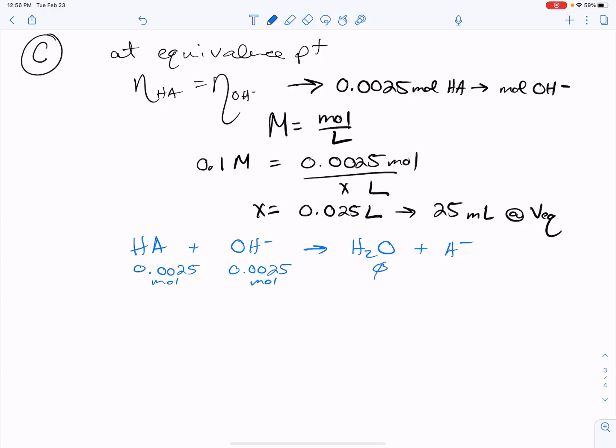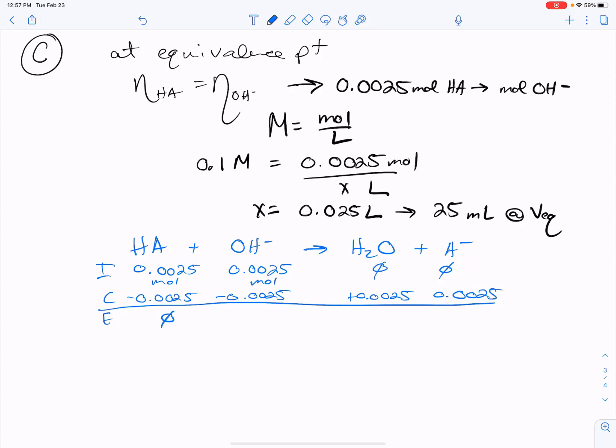We're starting out with no water, no conjugate. So we've got initial, change, equilibrium for this reaction. These two are both going to decrease by 0.0025. That's because both of them essentially are the limiting reagent, or really you can think about it as neither of them are the limiting reagent. They're both going to disappear in the reaction.